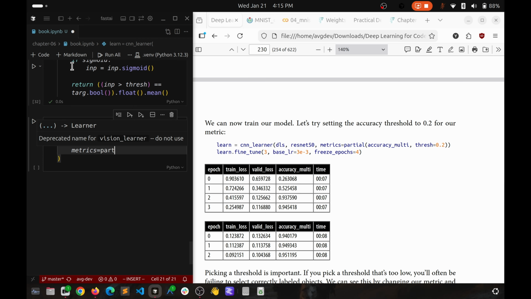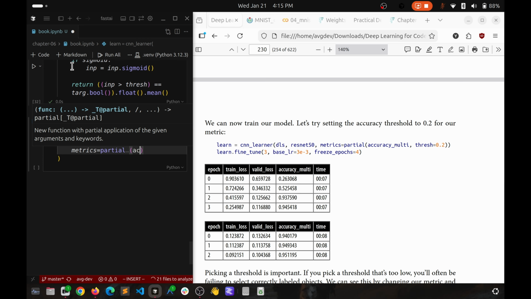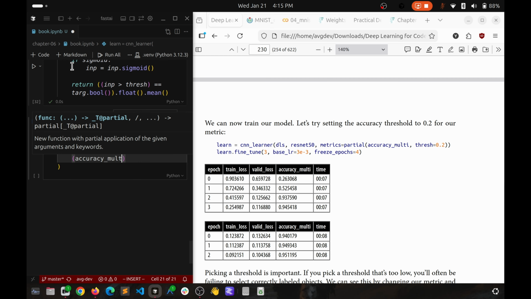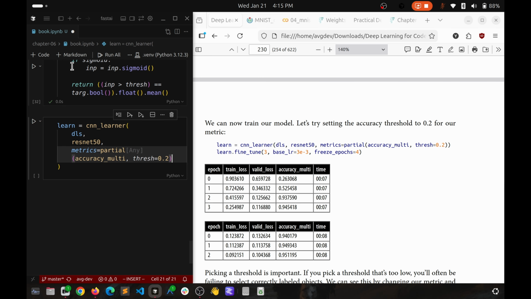Metrics is going to be partial, so we're going to bind that function, accuracy_multi with thresh of 0.2. That's it. Then learn.fine_tune 3, base_lr is 3e-3, freeze_epochs equals 4.